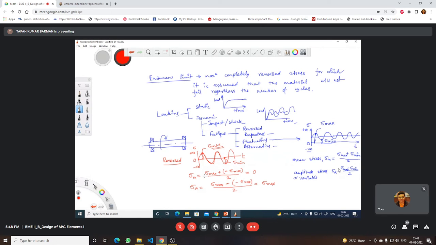Now you see, this is basically reverse loading, so the stress will be a reversed stress when your mean stress is 0.